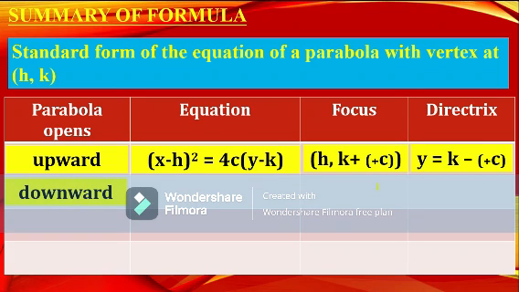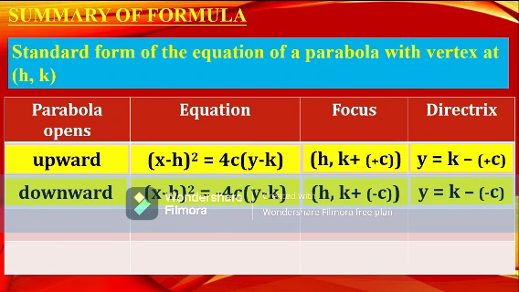If it is downward, the equation would be (x - h)² = -4c(y - k), and then the focus will be (h, k + (-c)), and the directrix would be y = k - (-c).